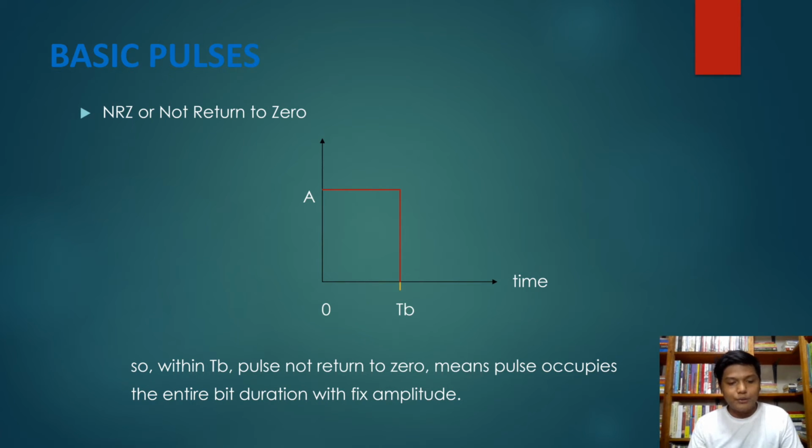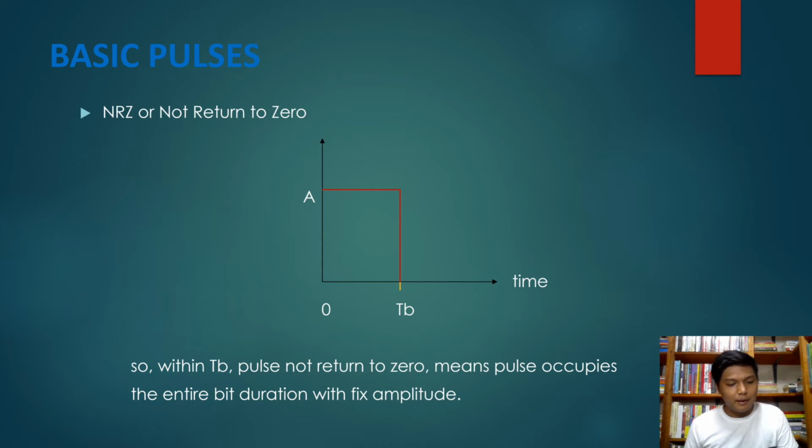We have the time TB, the duration of a pulse, from zero, and the amplitude is A. Then you will find the amplitude will not return to zero.